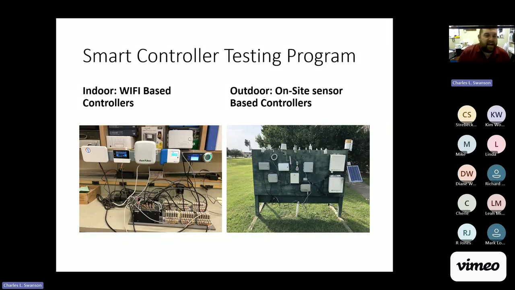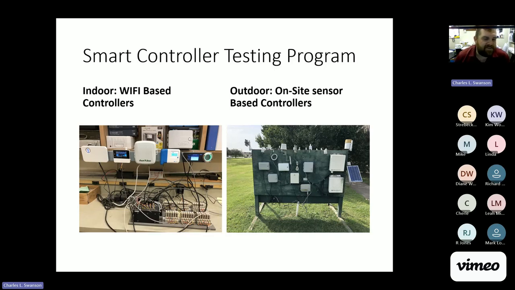But in the last 8 to 10 years, really since about 2012, 2013, when we first saw the first Wi-Fi based model come out, now everything seems to be internet based. We now have a separate testing program just for what we call the Wi-Fi based irrigation controllers.